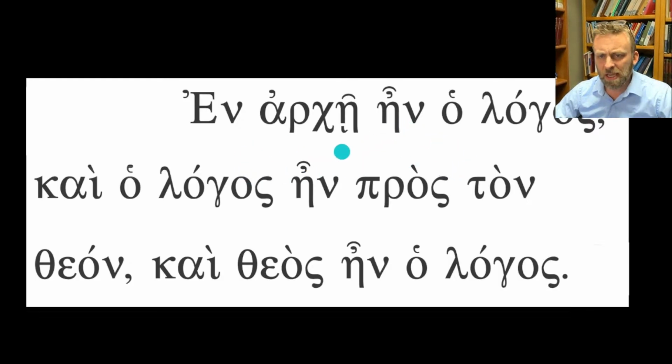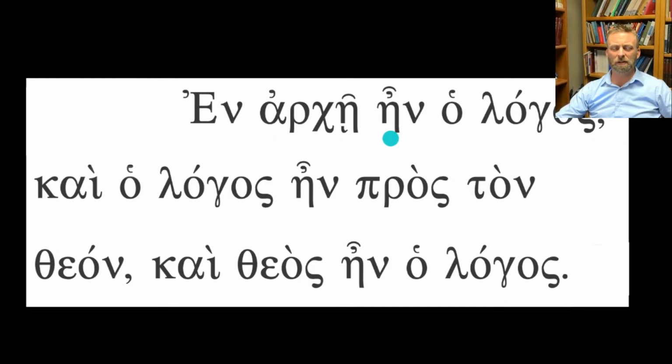So en archi, in the beginning. This means in, this means beginning, and there's no word for the here. You don't necessarily need one, but again, this is an issue for a little bit more advanced Greek grammar that we just can't get into right now because this is lesson 1.